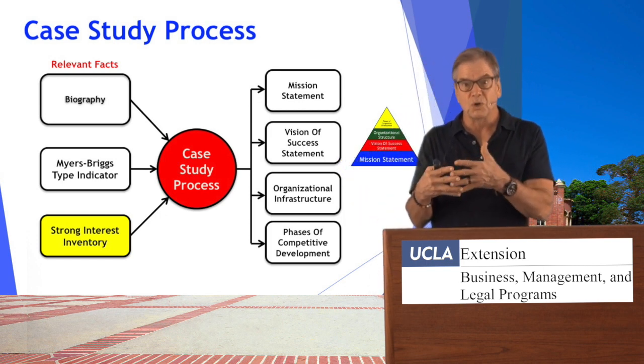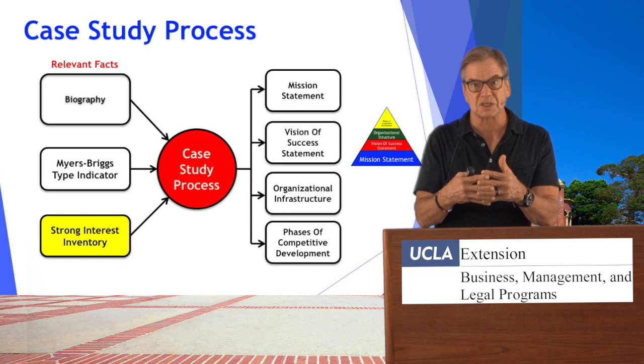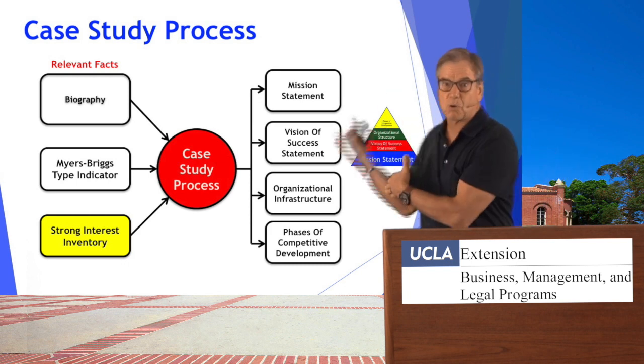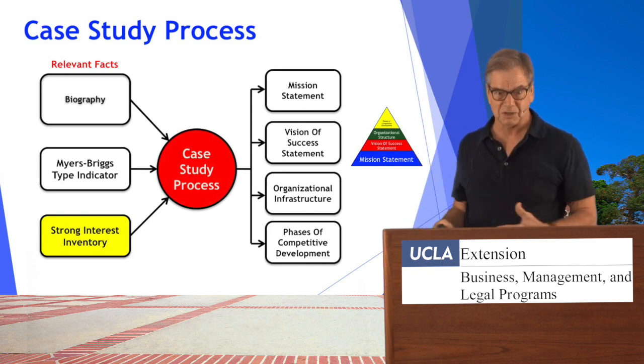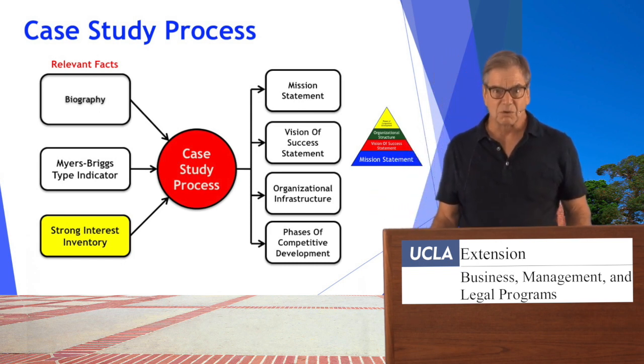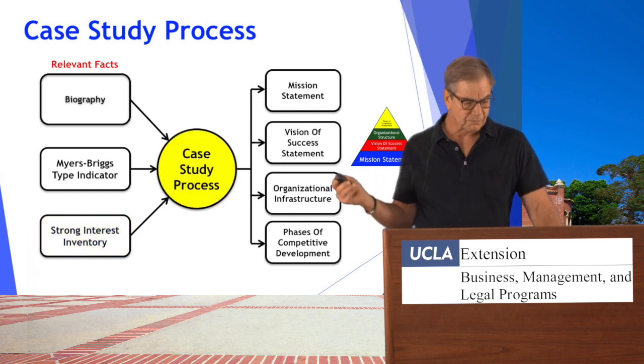So when you put the short-listed skill sets and occupations into this process, combined with a Myers-Briggs, combined with a biography, it's just kind of amazing what we can come up with.